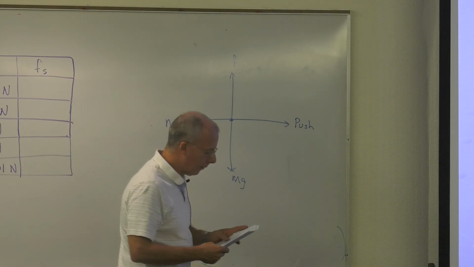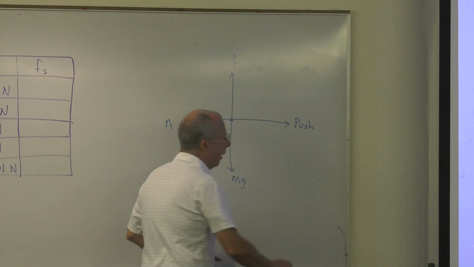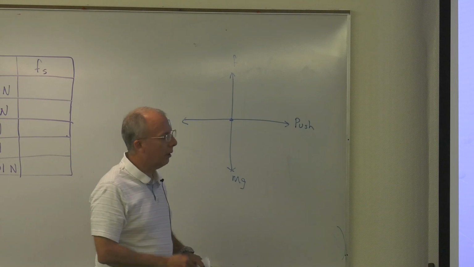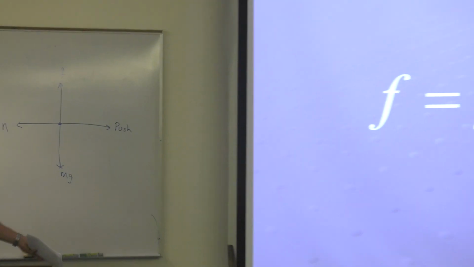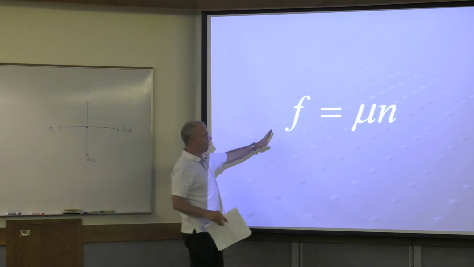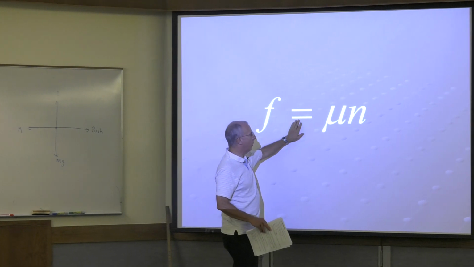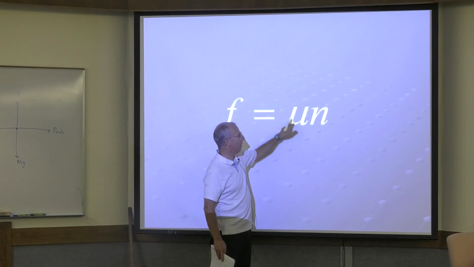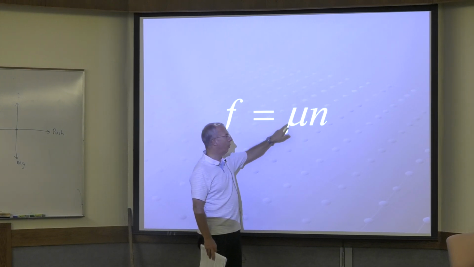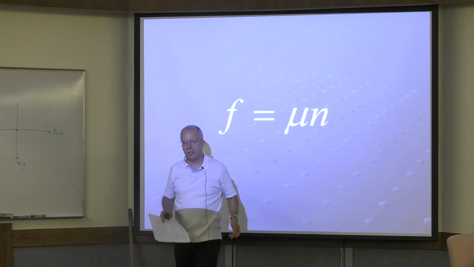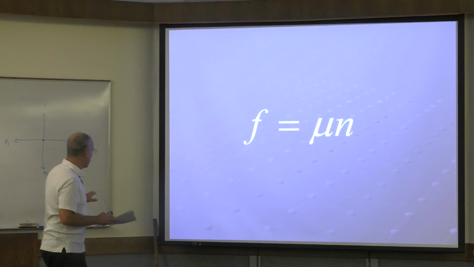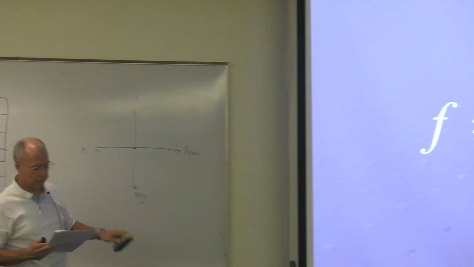So if you include the properties of the surfaces, then this proportional relationship becomes an equation. So now it says that the frictional force equals the normal force multiplied by this constant. This is a mu, Greek letter mu. And it's a constant, and it depends on the surfaces, the whiteboard surface and this surface.